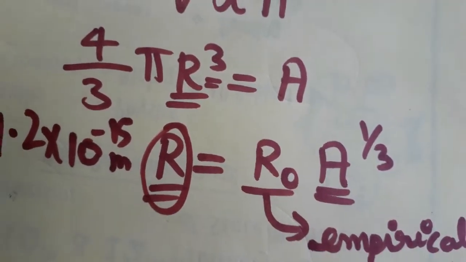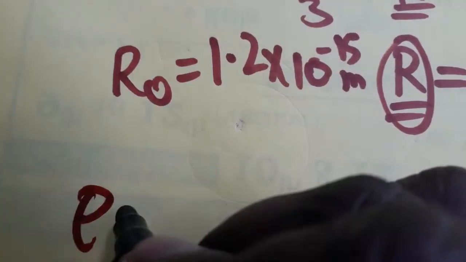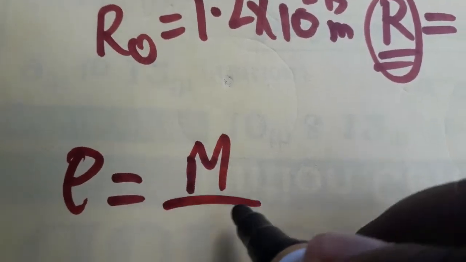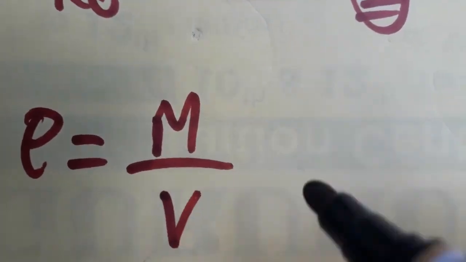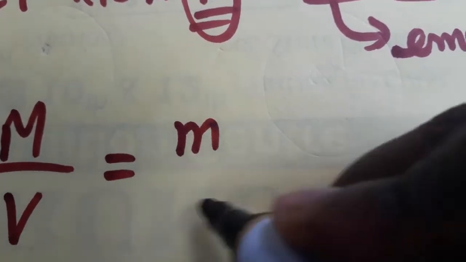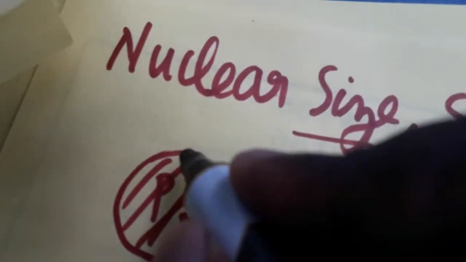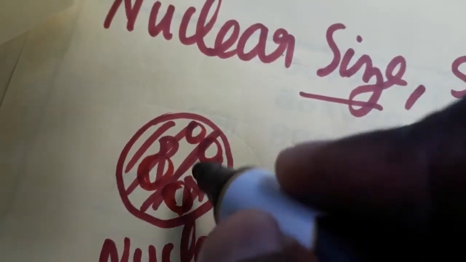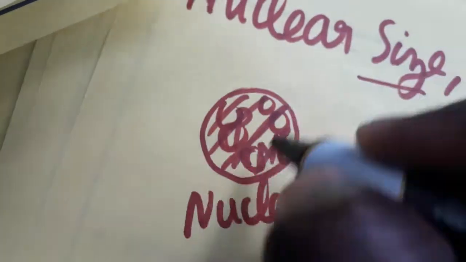Now again, density is equal to total mass divided by volume. I take the mass of a proton or neutron as one mass, because the nucleus is constructed of a number of protons and neutrons.